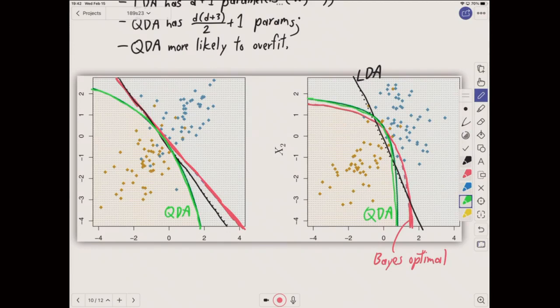Yeah, QDA and LDA don't really have parameters to overfit or underfit.